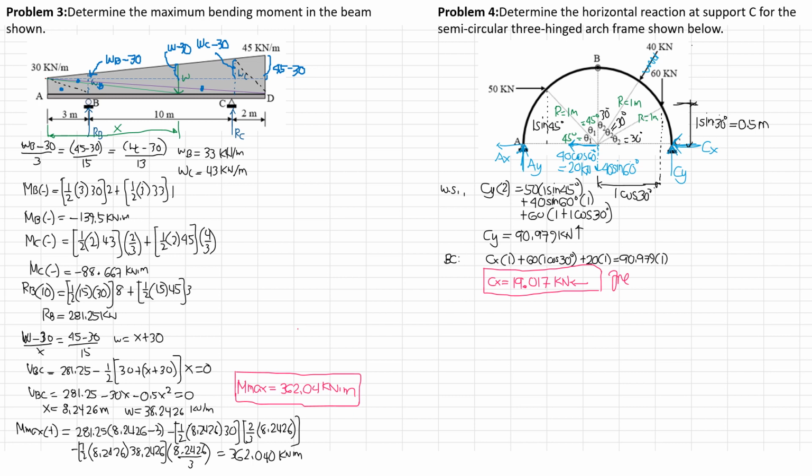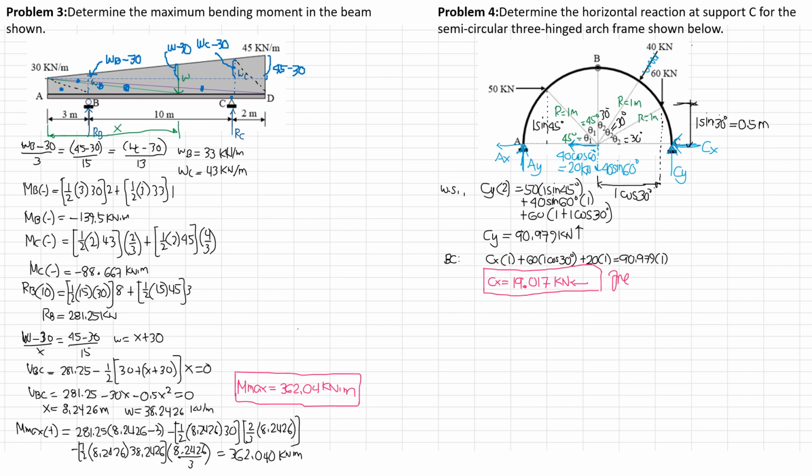So for the lower triangle, the moment RB times 10 equals the moment of the lower triangle, 1/2 of 15 times 30. Then the distance of the centroid of this lower triangle from D is 2/3 of 15, which is 10. Then 10 minus 2, because we sum up moment about C, is 8. So the moment arm is 8.